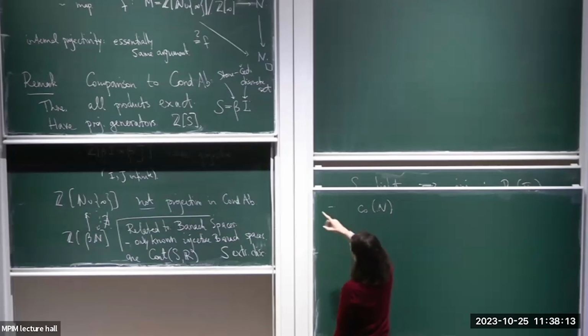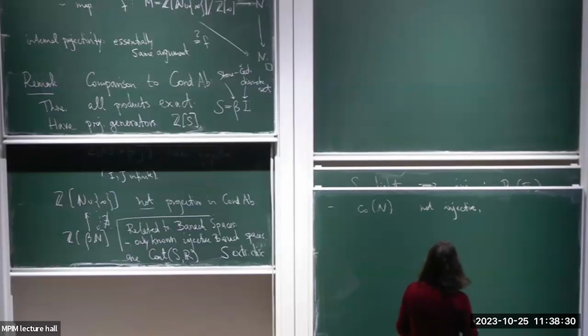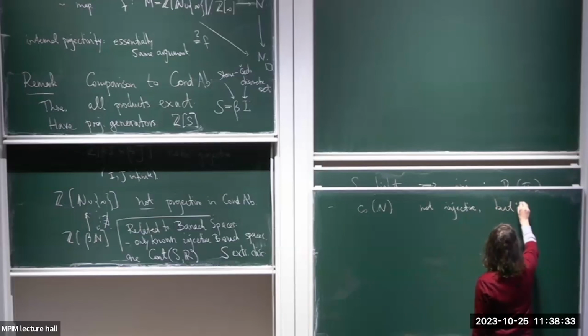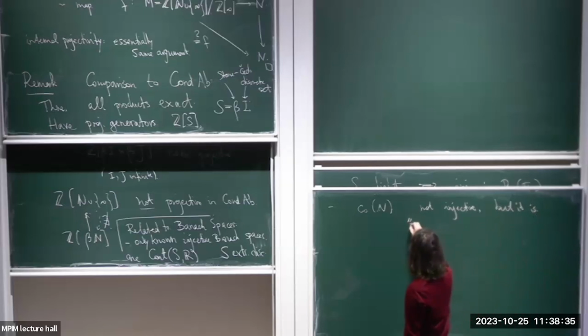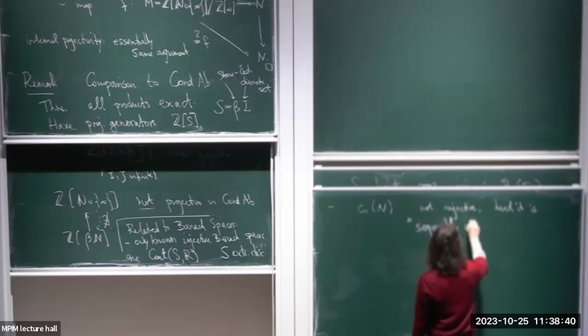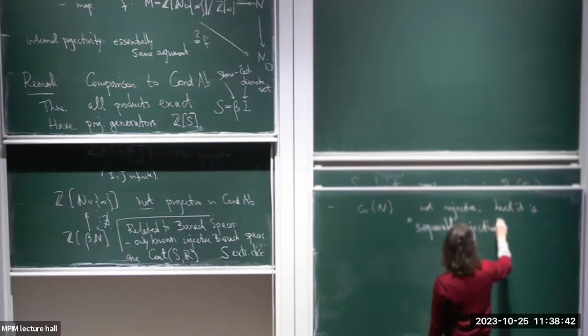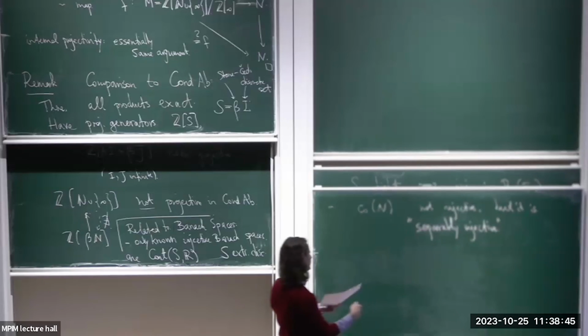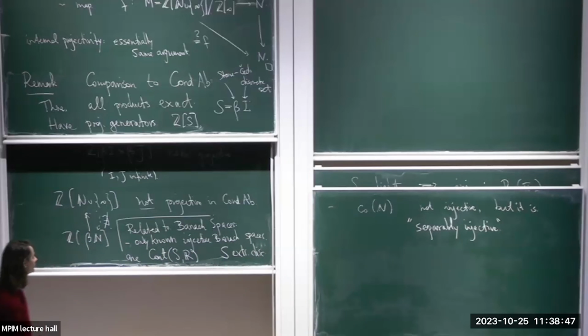And what corresponds to this free guy on a null sequence is the Banach space of null sequences. And this is not injective as a Banach space. But it is what's known as separably injective, where you only test this injectivity against separable Banach spaces.